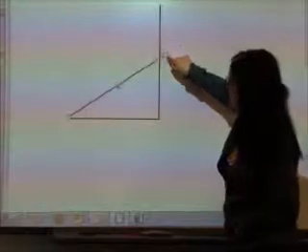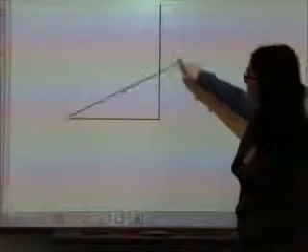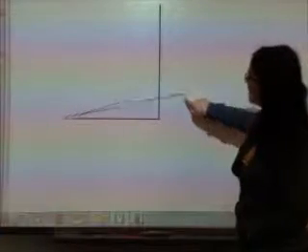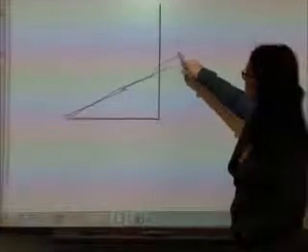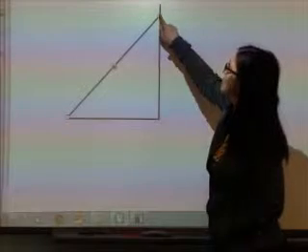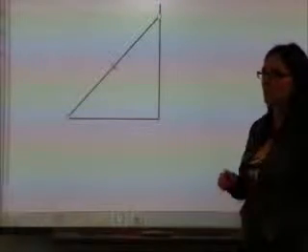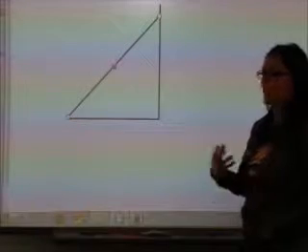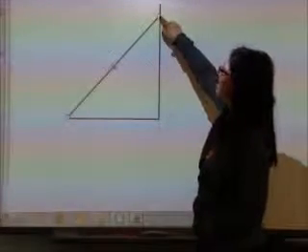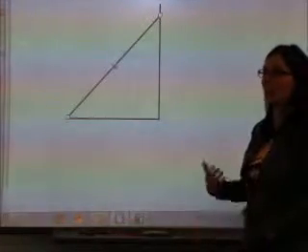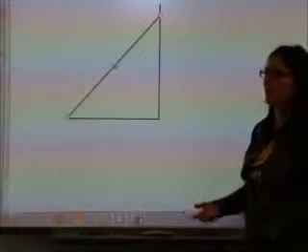If I take this and this becomes my angle, as my angle increases, look what's happening to my opposite side. My opposite side is decreasing. It's virtually impossible to get this to become shorter. My opposite side just keeps getting bigger and bigger.